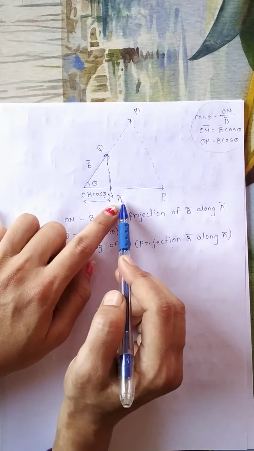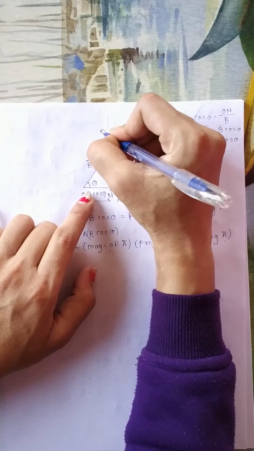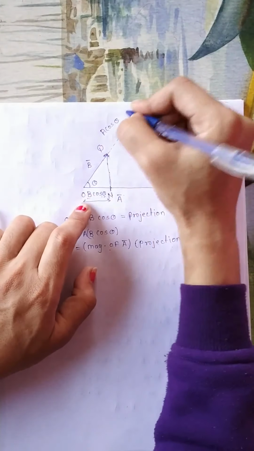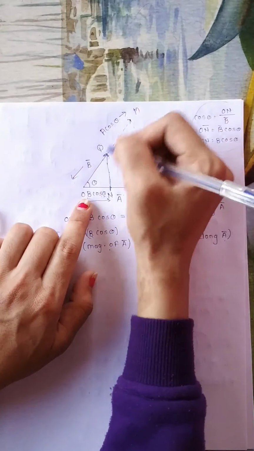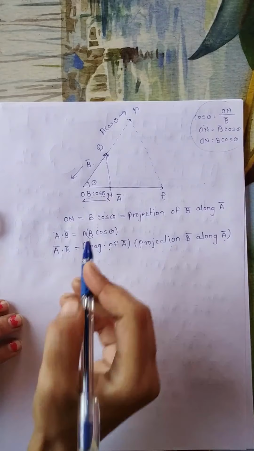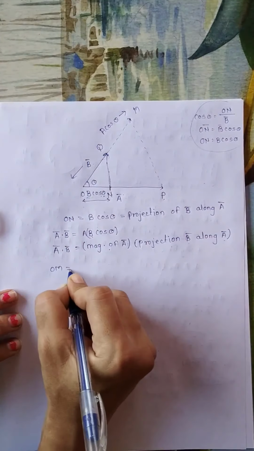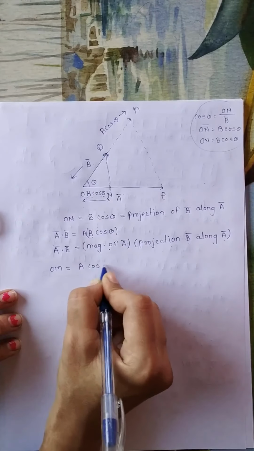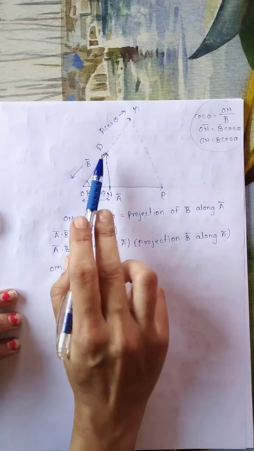So for A projected towards B, this will be A cos theta, which is now OM. So OM gives us the projection of A bar along B. So I can write OM as A cos theta, which is nothing but the projection of A bar along B bar.